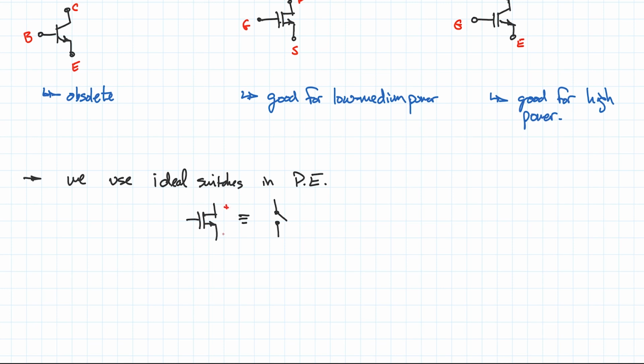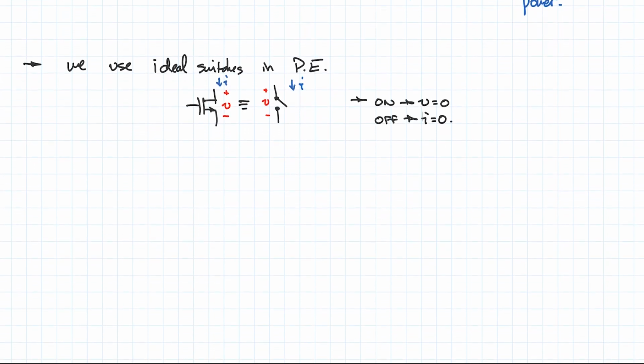If we have a voltage across it, V, and a current through it, I, then this is the current here, I, and this is the voltage here, V. The conditions for operation here are when it's on, you have V equals 0. When it's off, you have I equals 0. All right, so those are switches.